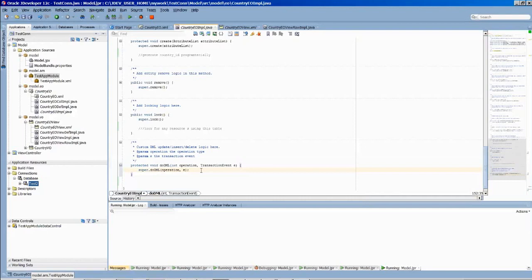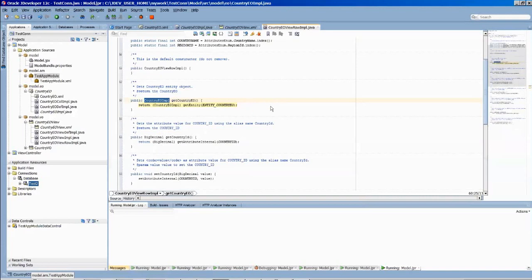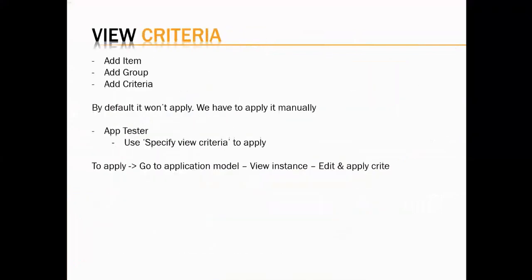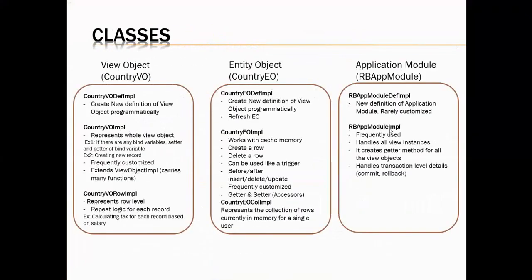In most scenarios, we create the application validation at application module level or view object level. That is the reason the view row EMPL implementation method and the application module implementation method handle most of the programming logic.